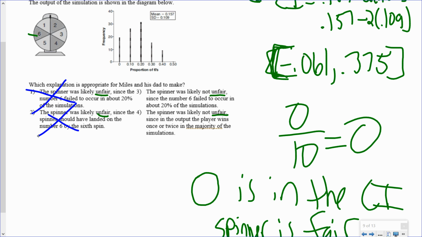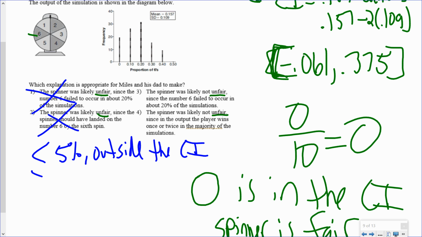So, the way this is worded is a little confusing. The confidence interval is the middle 95%. So, if it happens less than 5%, then it's outside the confidence interval.